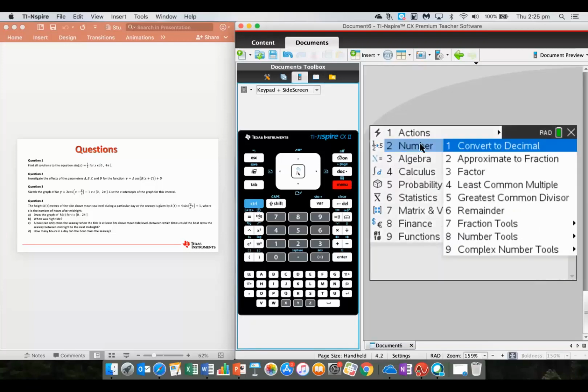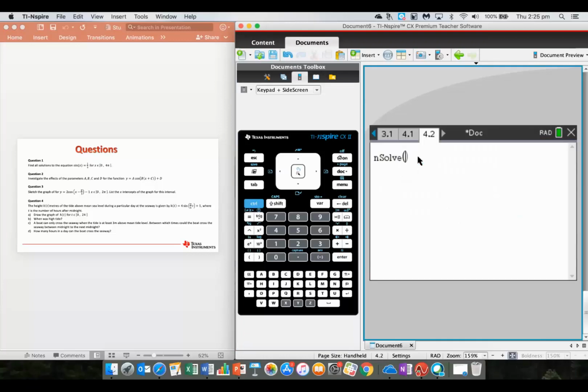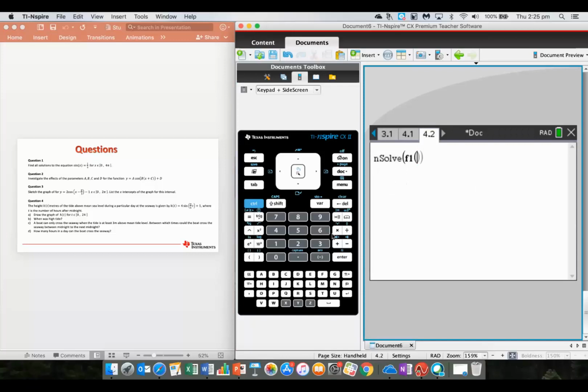So I've gone Menu, Algebra, Numerical Solve. Now I'm going to look at my variable button. So the variable button here, the function was f1. So f1 of x was my function, and I'm looking to see where this function is equal to 4. And I'm solving, comma, x.